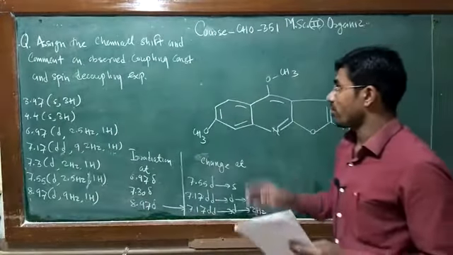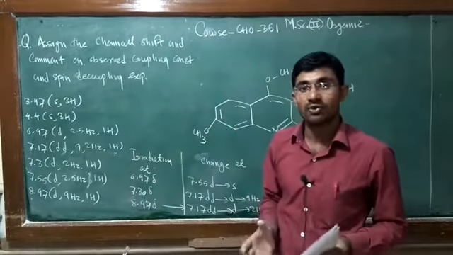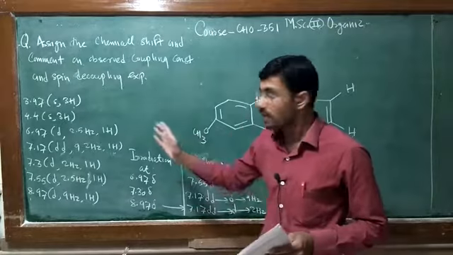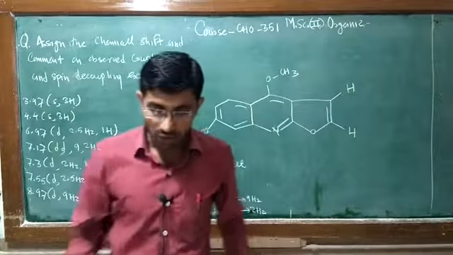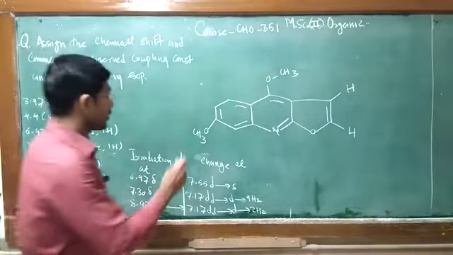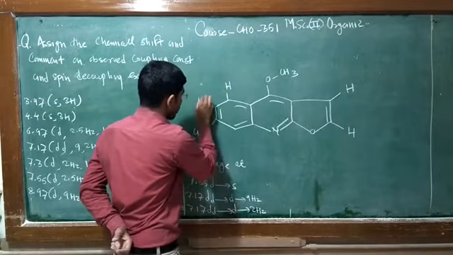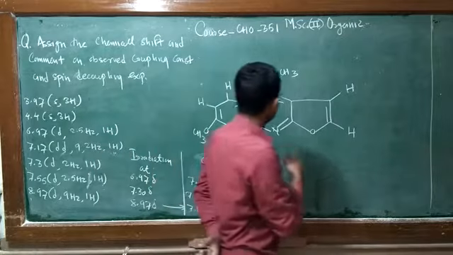So we have to solve this problem by assigning the chemical shift values, and after that we have to comment on the observed coupling constant and also on the spin decoupling experiment. Firstly, we are going to assign the chemical shift values to protons. On this structure, we show the protons here.